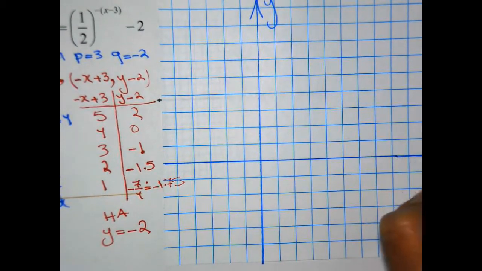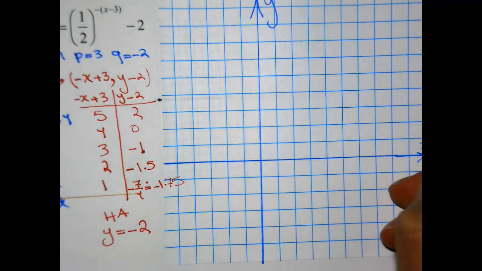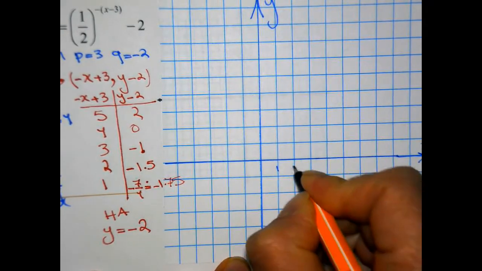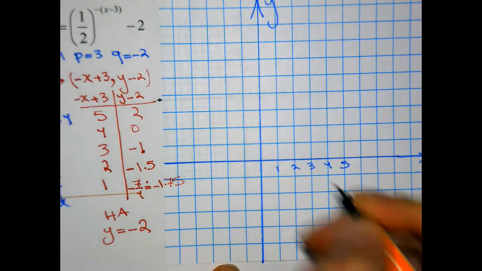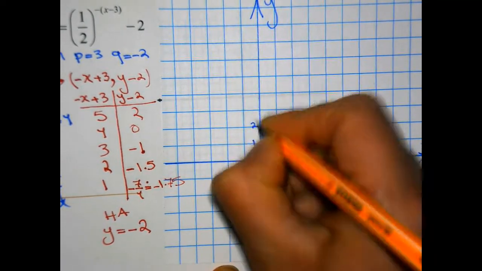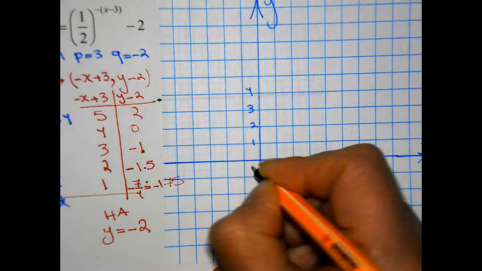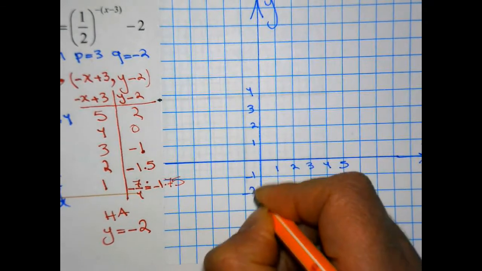So we have our x value here. So 1, 2, 3, 4, 5, and here 1, 2, 3, 4, negative 1, negative 2.